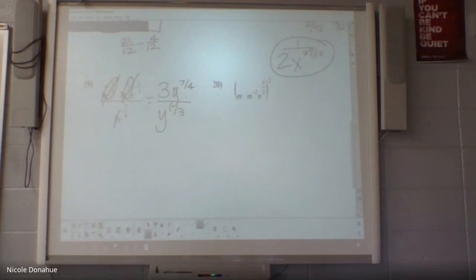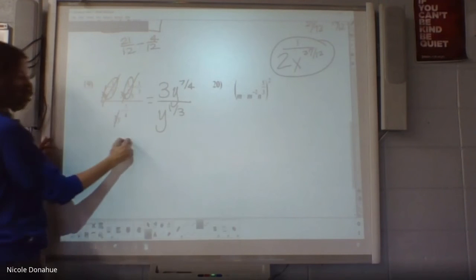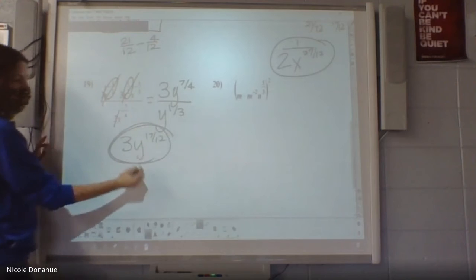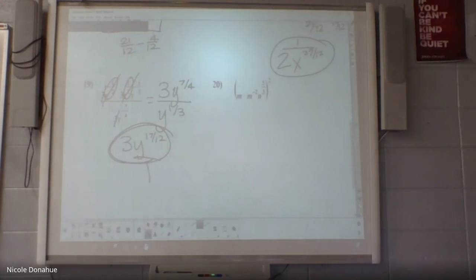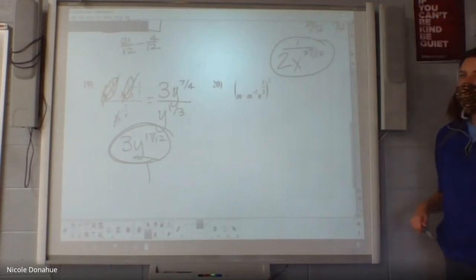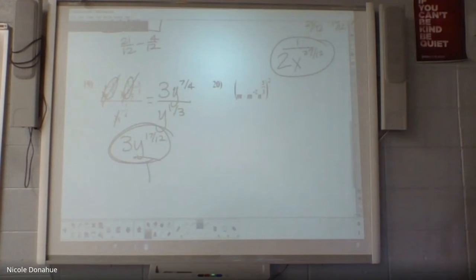So 17/12, and that's going to be on top. You can put it over 1 if you wanted to, or you don't need to at all. I accidentally said 6 randomly, but then I realized the 7 minus 1 could be 6.